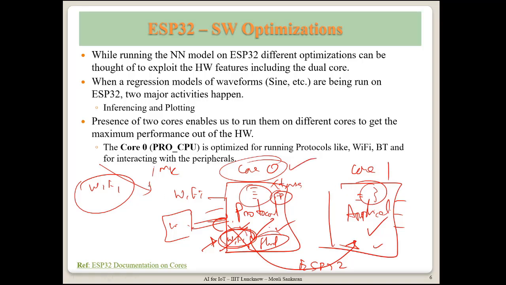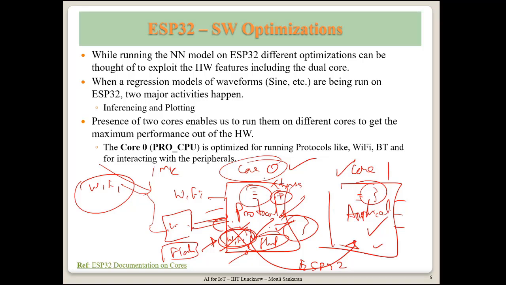Now what happens is, you have received the image, maybe you are storing it in flash memory, and then you want to run the inferencing, but you have not taken care of running your inference engine on the other core, and you are running it on this core only. It is not a major crime, but the problem is, when you are running the inferencing engine on this core, Wi-Fi is not going to get a chance to run, or it may not be able to receive the image and put it in the flash. It is going to be fighting for the core, though one core is already available which could have been used.